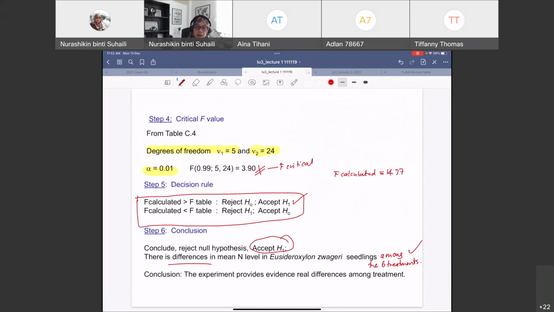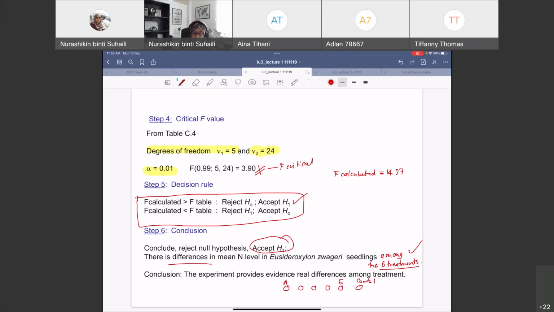If you think deeply on that sentence, it's not yet very conclusive, because now you have 6 treatments, right? 1, 2, 3, 4, 5, 6. A until E, and then we have control, isn't it? So there is a difference, but we do not know actually where the difference lies.